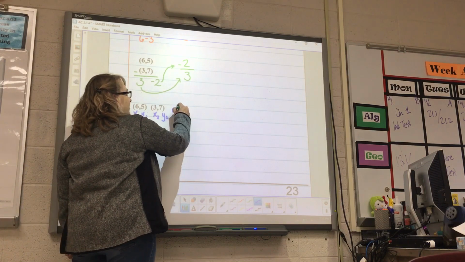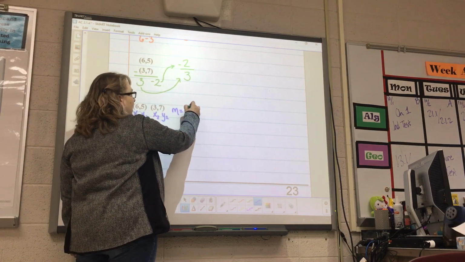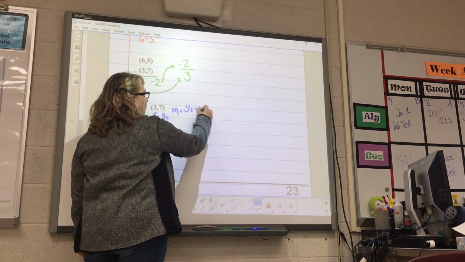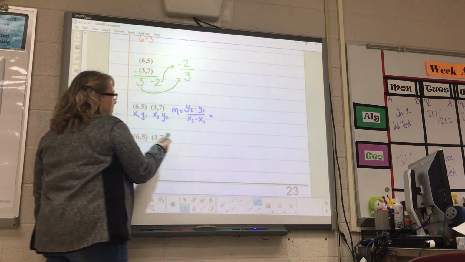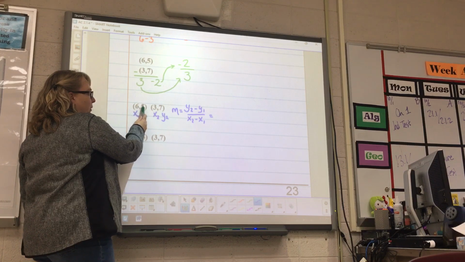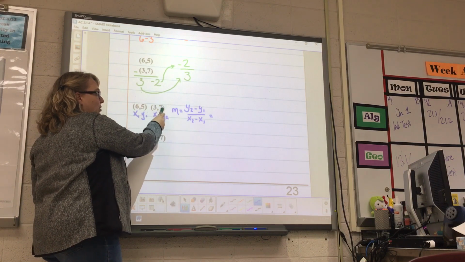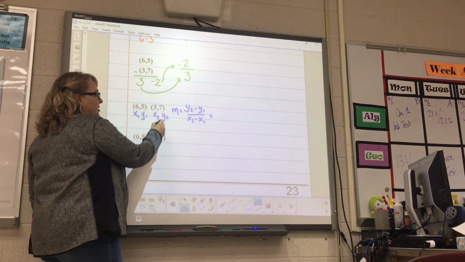So the formula for finding slope, if you Google it, you'll probably see y2 minus y1 over x2 minus x1. In this case, I label each of my points x1, y1, and then the other one would be x2, y2. And then I'm going to start subtracting.